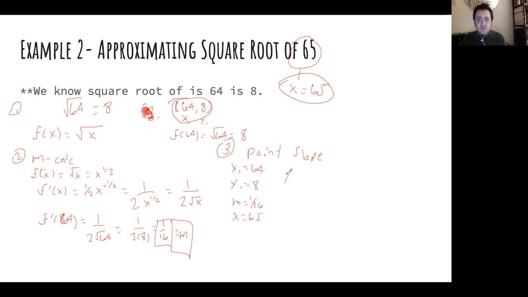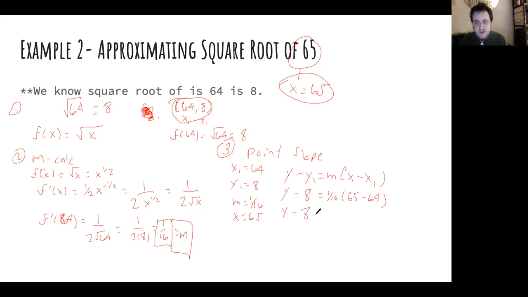So I'm going to write y minus y1 equals m times x minus x1. And I'm just going to plug in everything that I know. So my y1 is 8, my m is 1/16, and then my x is 65 minus 64.